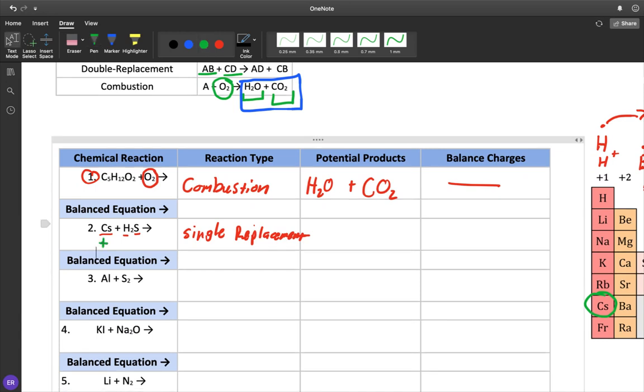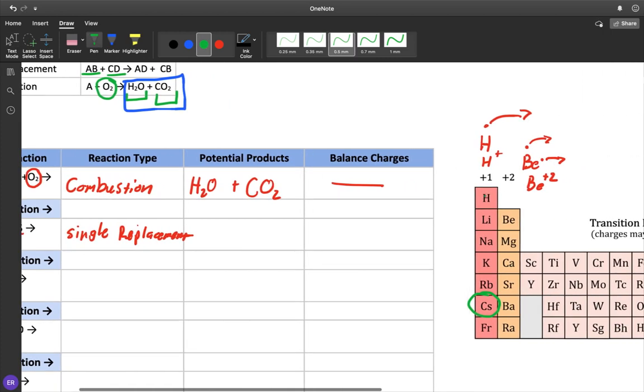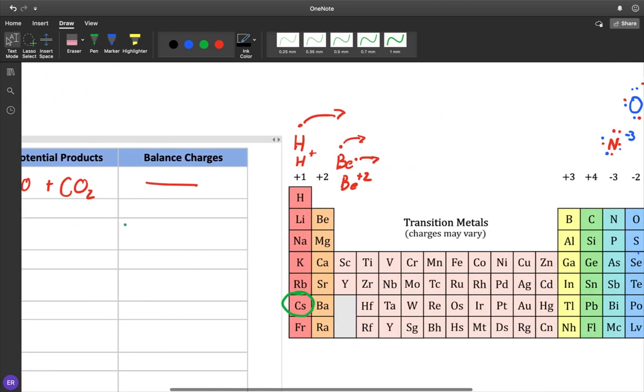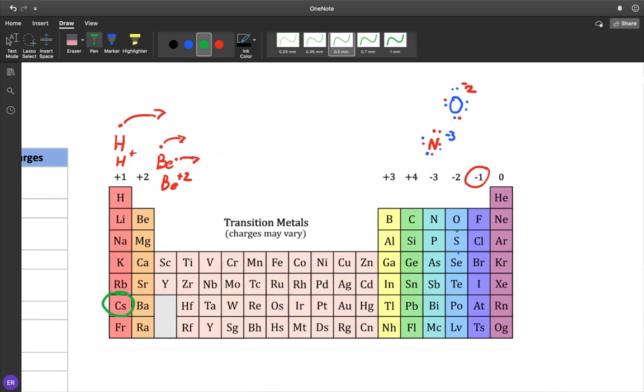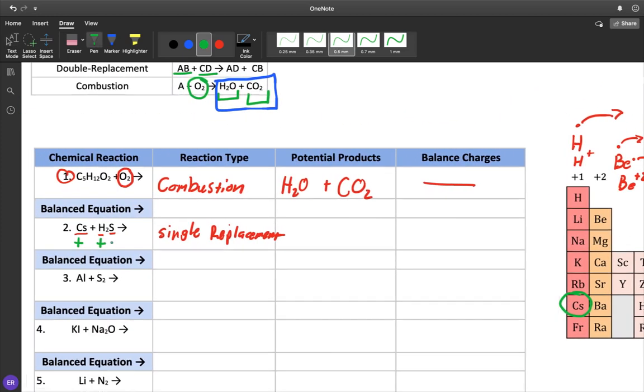I'm going to leave the 1 for later. And so H, let's take a look. H is on the positive side, so I'm just going to say it's positive. And then S, let's take a look at S. S is over here, and it is on the negative side. So S is negative.